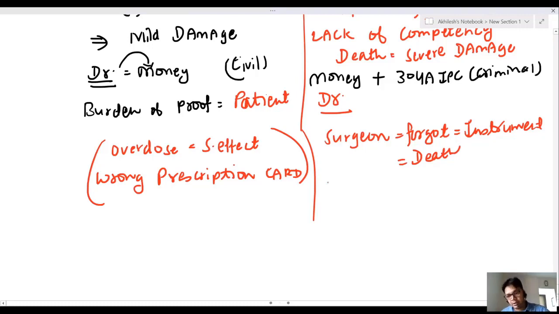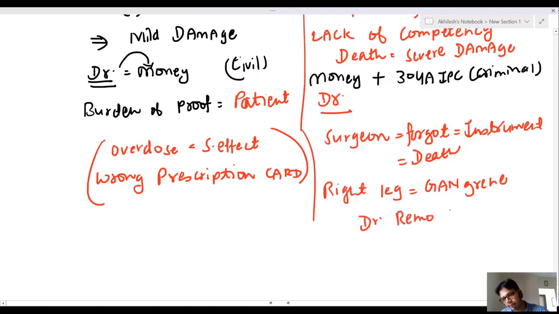Or you have right leg gangrene, but the doctor removed the left leg.